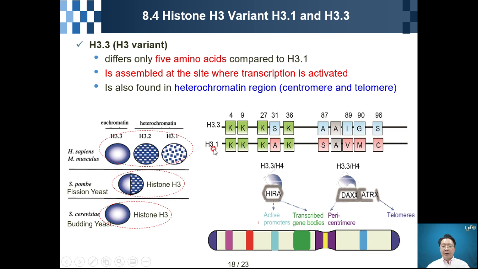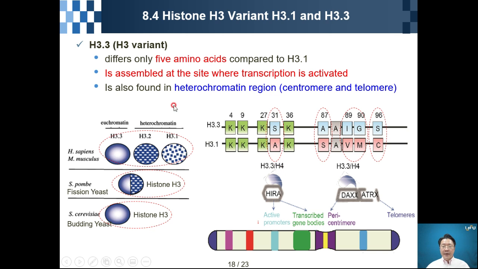So this is the amino acid sequence of H3.1. So only 5 amino acids, 1, 2, 3, 4, 5, are different from H3.1. And usually this is H3.3 with the H4 dimer.